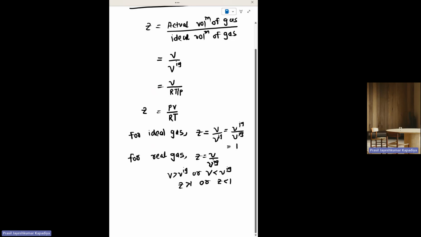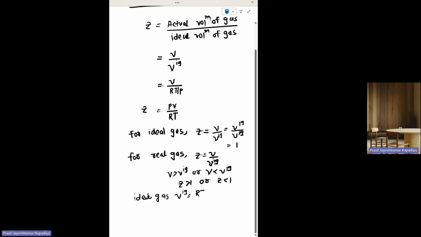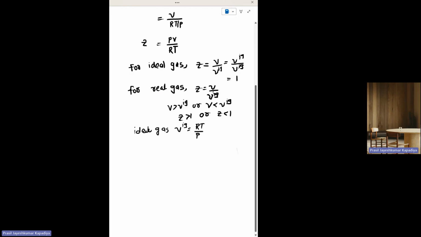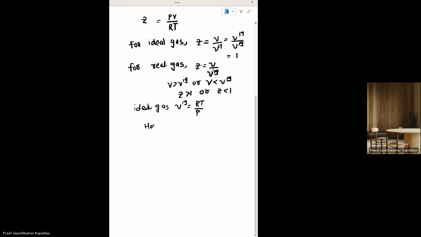Here one question comes: ideal gas volume we can find by using the ideal gas law, and we get P equal to RT by V. But the question is how to find real gas volume.